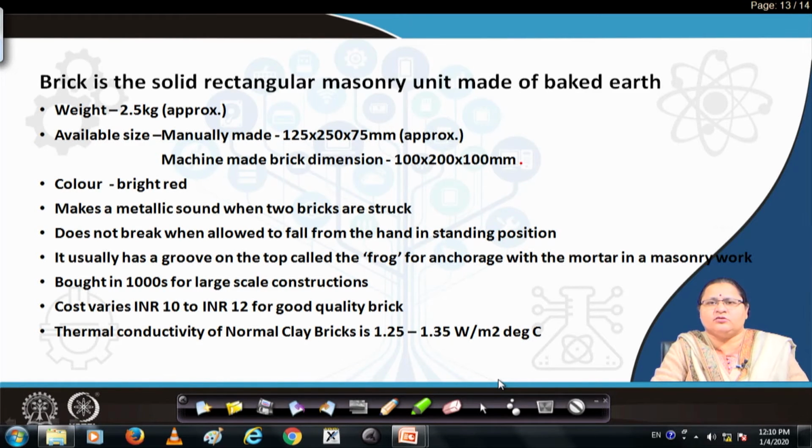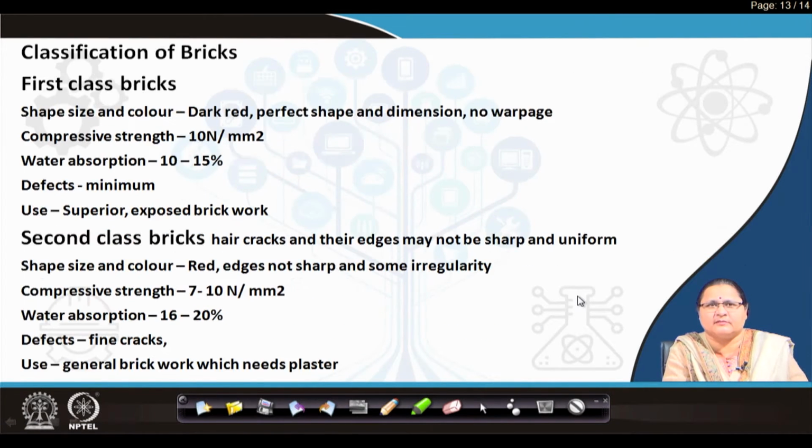If we go to the other properties, we will see it varies between the different types. So, I have classified them first for your easy understanding, and you see we report the compressive strength, the water absorption and also some defects.